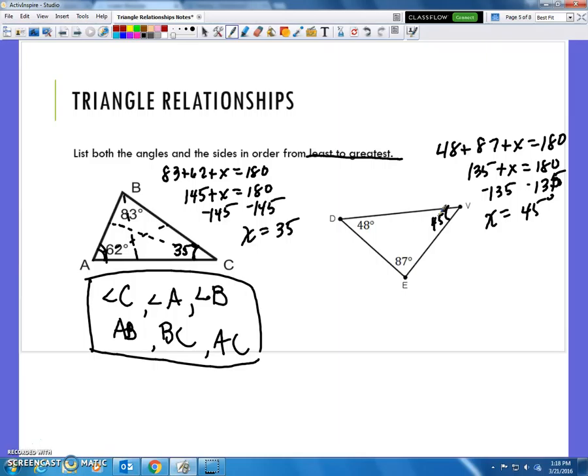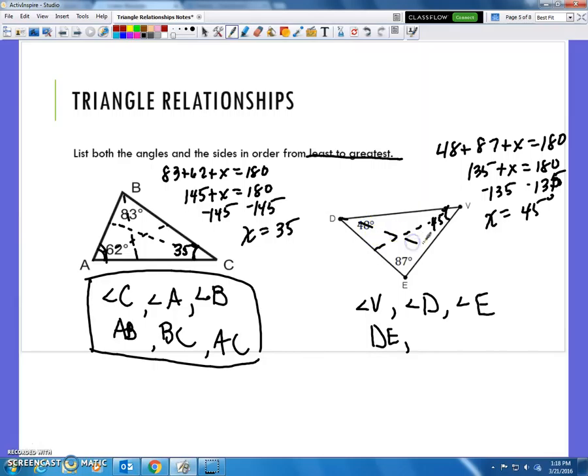So I'm going to start with the angle measures. I'm going to say angle V is the smallest with 45. Angle D is the second smallest, 48, and angle E is the largest with 87. Opposite of each of those angles is the smallest side in that order. So opposite of V is DE.